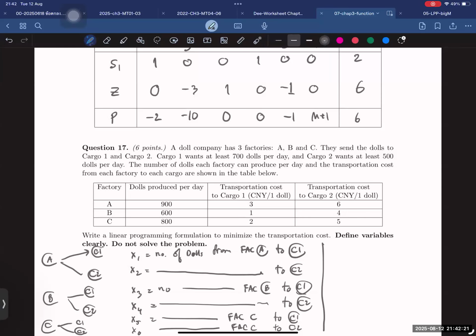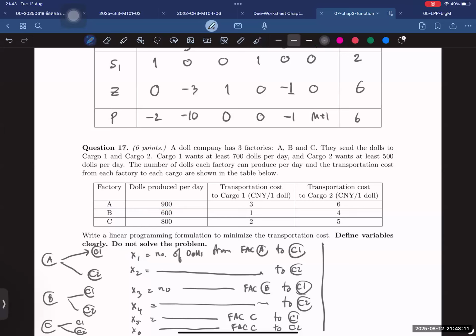Therefore, from A, if the number produced from factory A is 900, it means that x1 plus x2 is equal to 900, right?